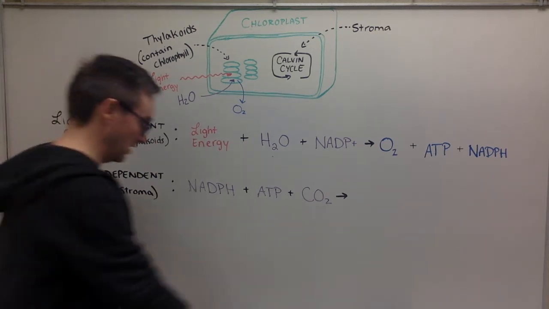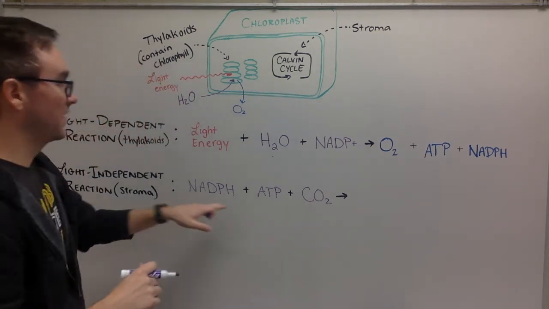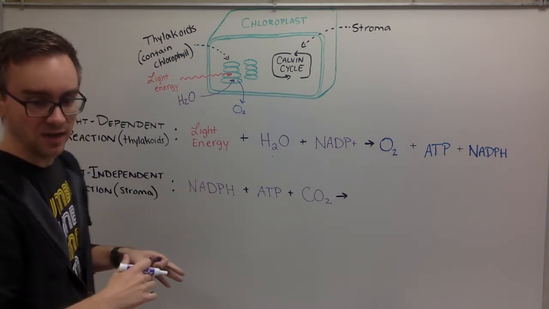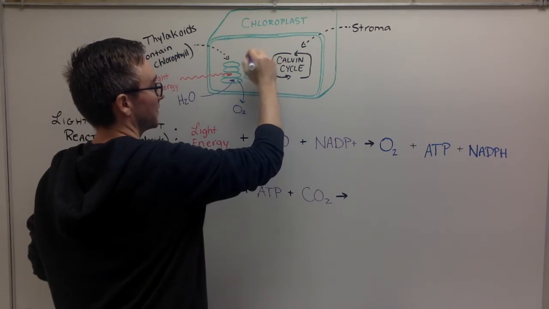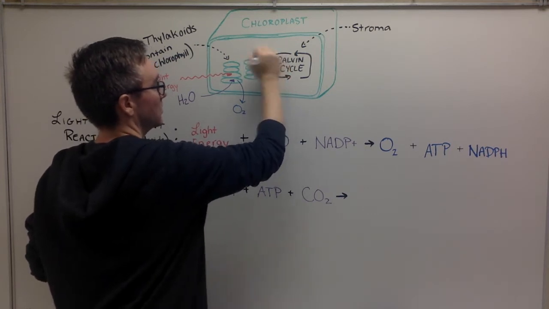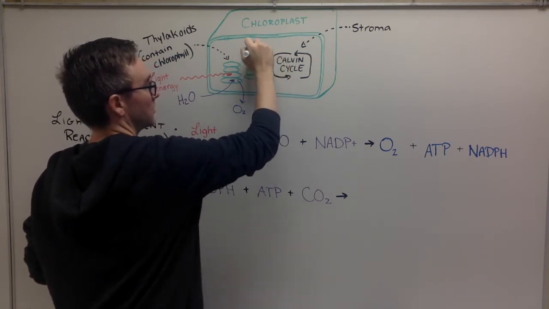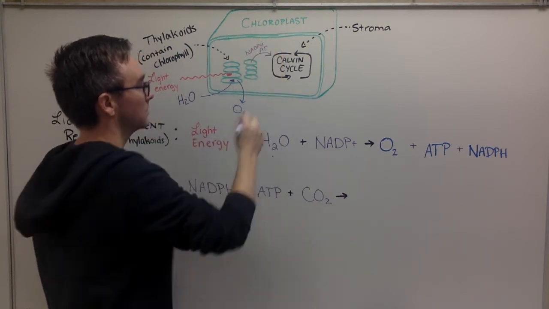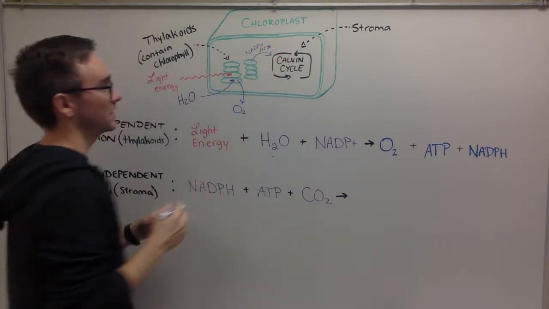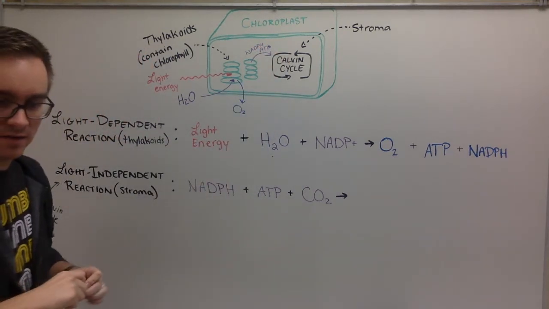What's happening here is we are bringing in that ATP and the NADPH. That's coming from the thylakoids, coming into this reaction. There's our NADPH and our ATPs. So we're making those things, and then we're using them right away.